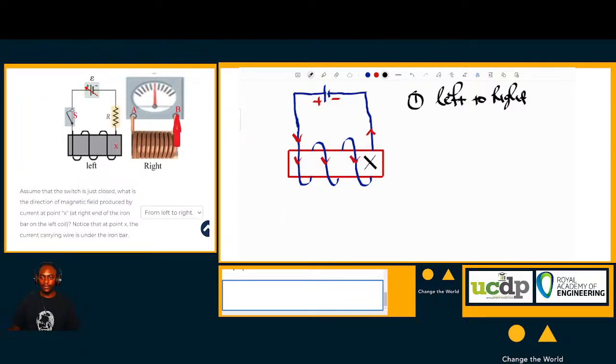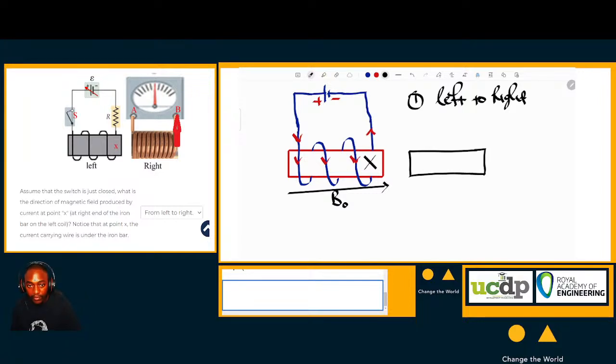So let's look at the diagram. We want to know what will be the direction of the induced magnetic field. So first and foremost, we're saying this is our original magnetic field. And here we've got a coil that is going like this.